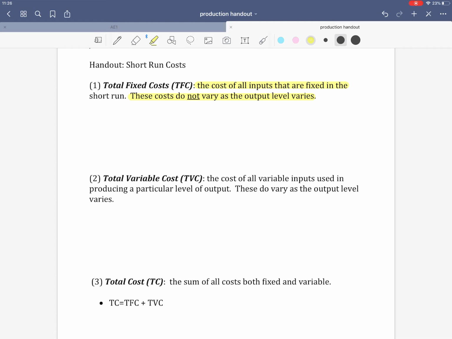And then let's see, I'll give you some helpful tips just in case you see this on your exam. So whatever fixed costs are when quantity is equal to 0 will be your fixed costs at all output levels.